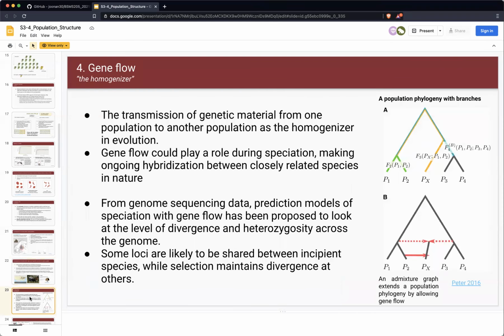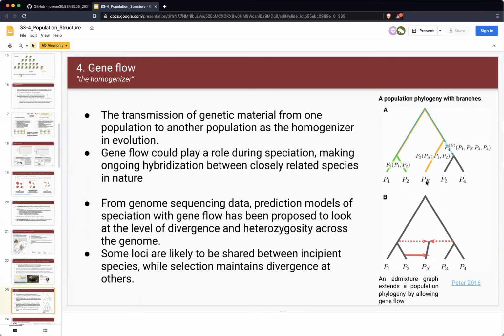Okay, so gene flow is also called a homogenizer, which means how we shuffle with each other. I put a long description, but the easiest way is this: according to the coalescent lineage, we have different populations, right? And this population diverges into subpopulations. Let's say this population diverges into populations 1 and 2, and 2 diverges into population X, populations 3 and 4.